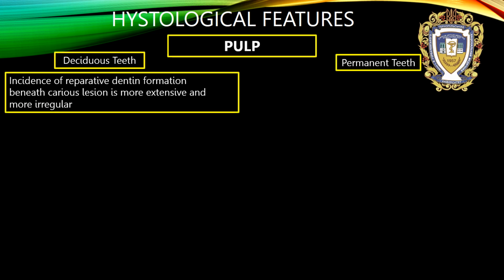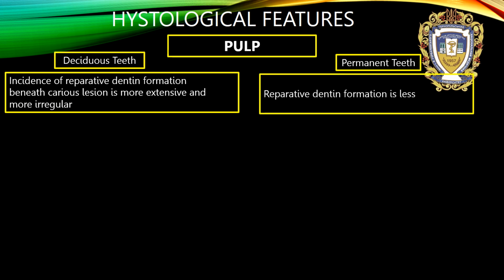Then, incidence of reparative dentin formation beneath carious lesions is more extensive and more irregular in temporary teeth. But in permanent teeth, reparative dentin formation is less.